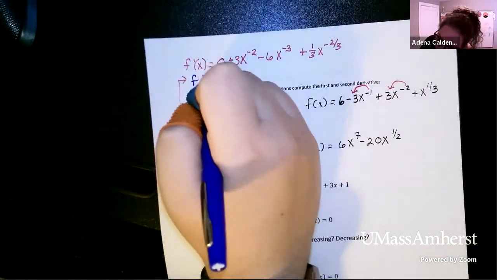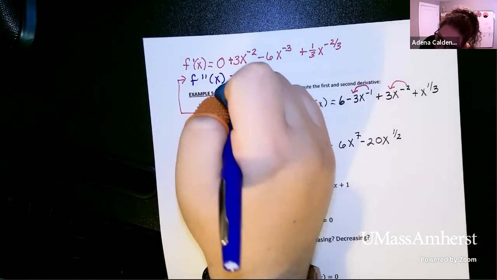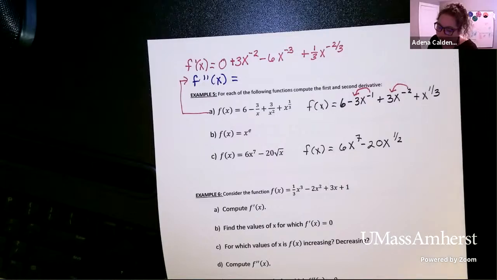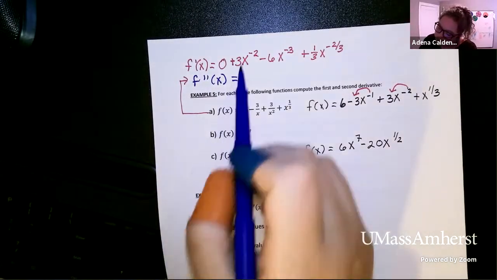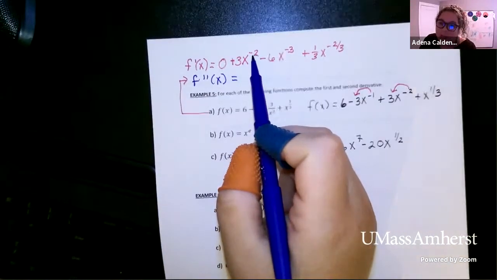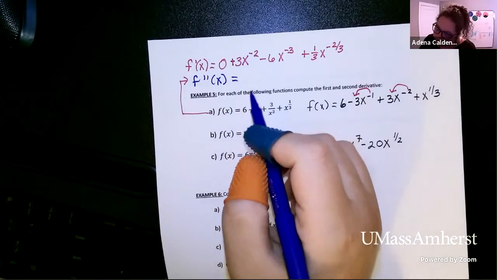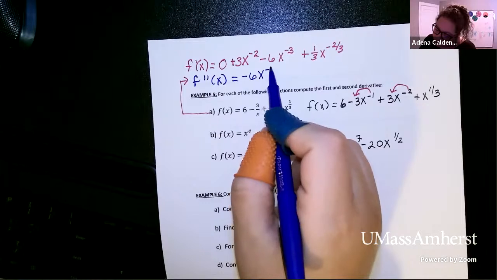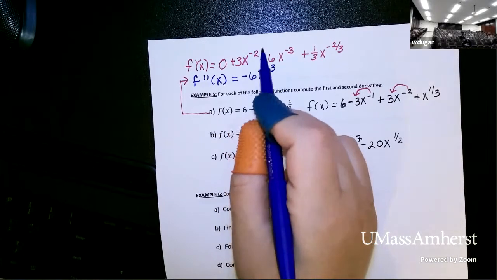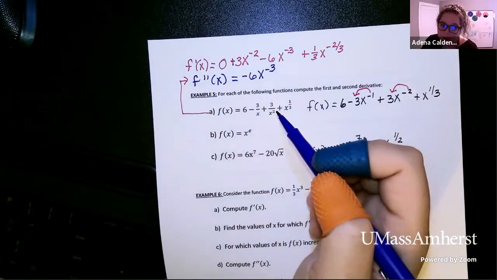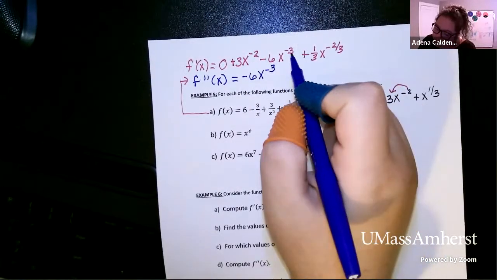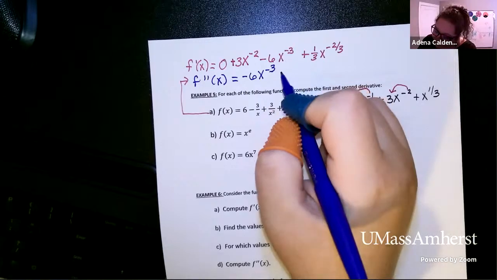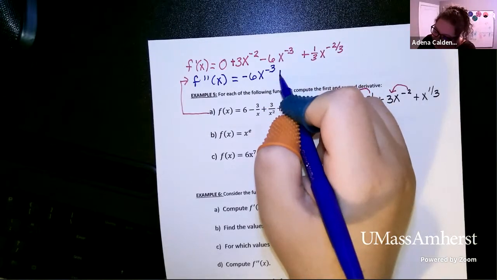Again, we want to apply the power rule to the first derivative, right? So we'll ignore the 0. If there's nothing there, we don't need to deal with it. Here we have 3x to the negative 2. The negative 2 comes down to multiply the 3, and I get negative 6x to the negative 3, because I'm subtracting another one from the power. Here, I have a negative 3 that's going to come down and multiply a minus 6, so the negatives are going to cancel.